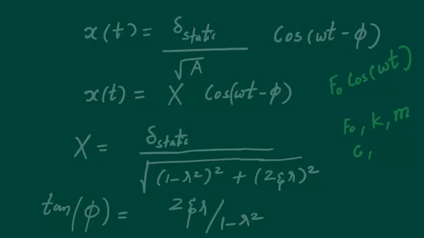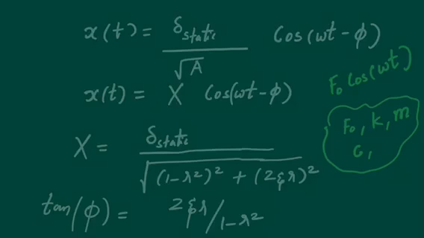So the amplitude will depend upon all of these things. And if you want to calculate the phase difference, then the equation is given here. This is arrived at from the approximation we made for sine phi and cos phi in the earlier slide.